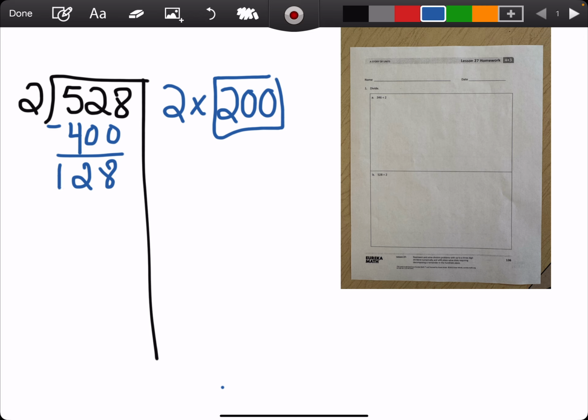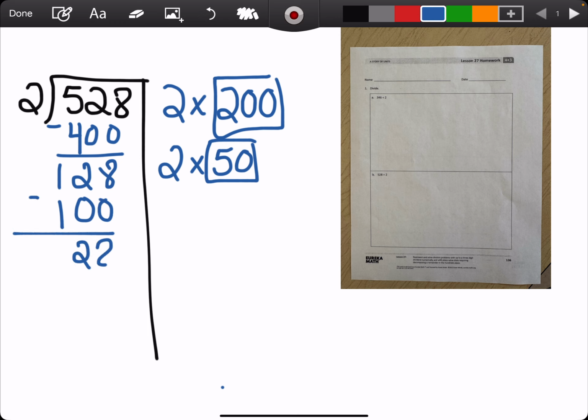Well, I can't do 2 times 100, because that will be 200. What if I wanted to do 2 times 50? All right, I can do that, which is equal to 100. Subtract it. Now I have 28. 2 times what will give me 28?